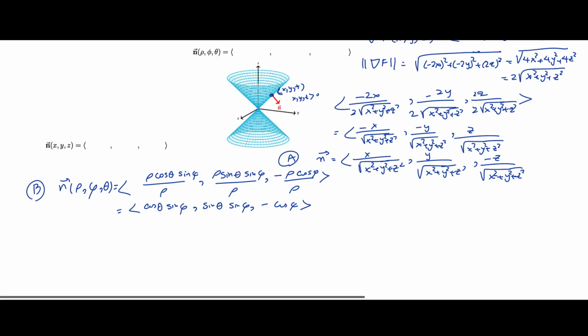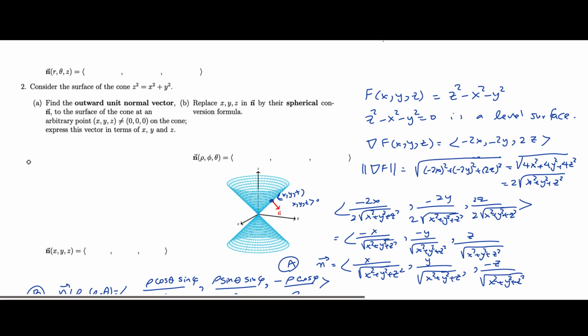So at this point, I remember that the upper nappe of a cone and the lower nappe of a cone, each one of them should be phi equal to a constant. So let's find that constant for the upper nappe and lower nappe. Going back to the equation, I have z squared equal to x squared plus y squared.